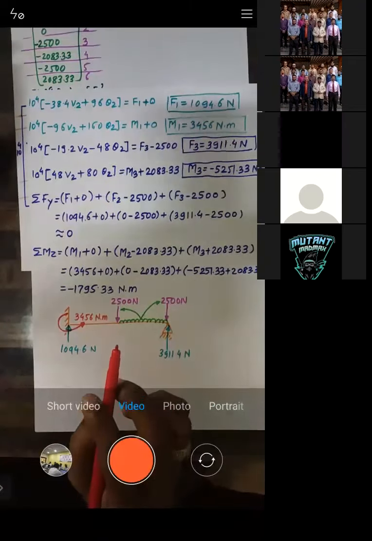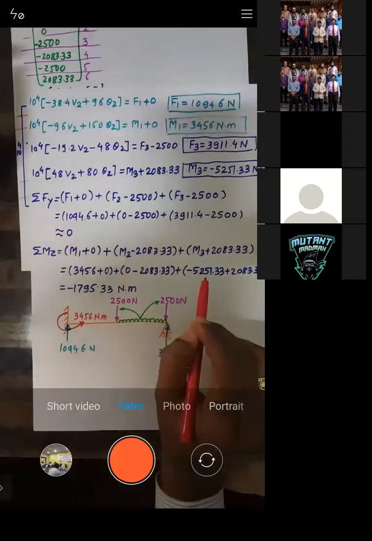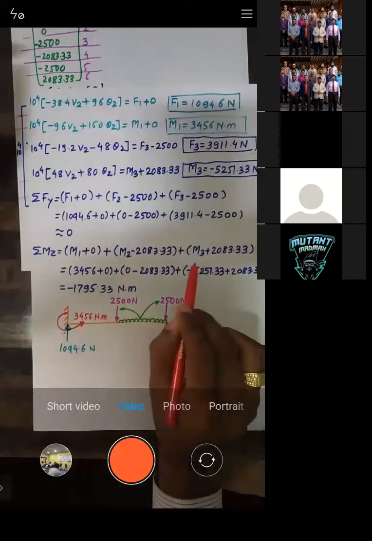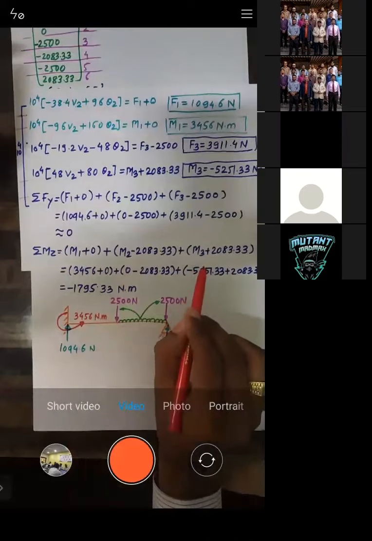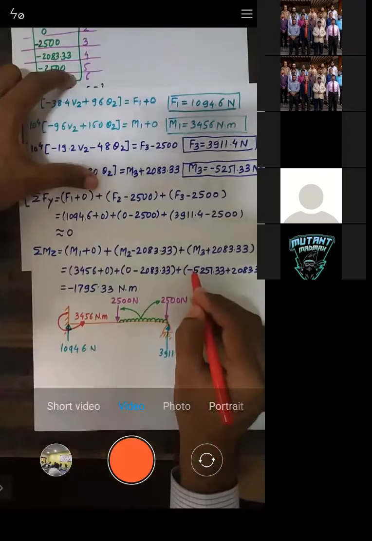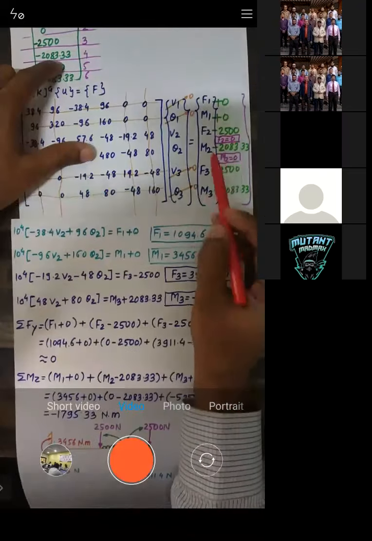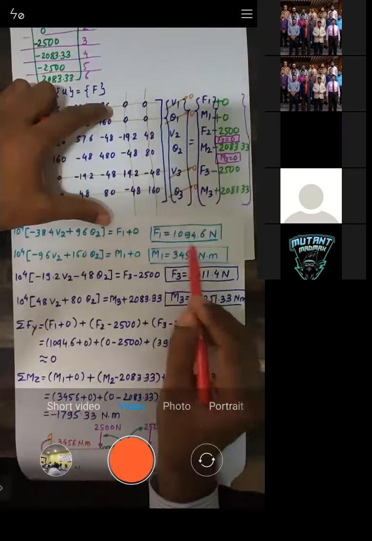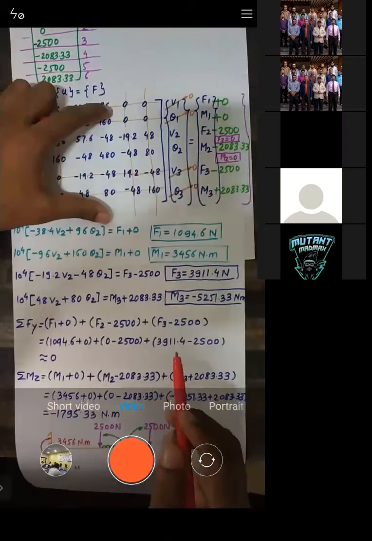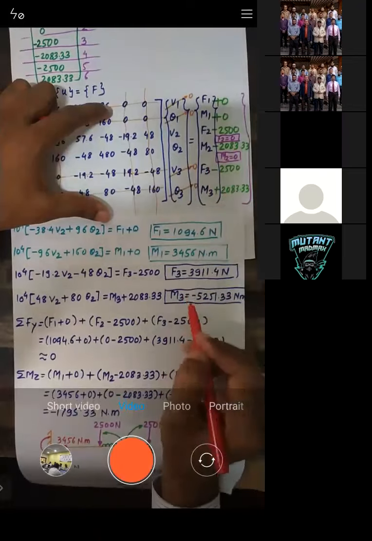Now what is the moment at node 2? There is no moment. What is the moment at node 3? M1 we have calculated, M2 is 0, there is no moment, and M3 we have calculated.